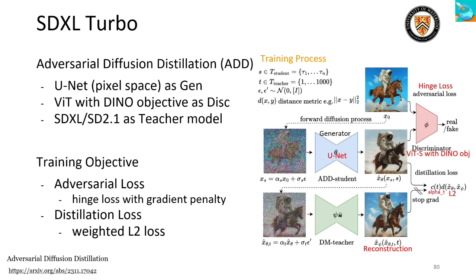For the training objective, they employ the traditional GAN loss, which is the adversarial loss, and then they use the hinge loss with the gradient penalty, which derives from the GP GAN paper. And for the distillation loss, it's simply a weighted L2 loss, where c(t) is the alpha t according to the time step defined by them.